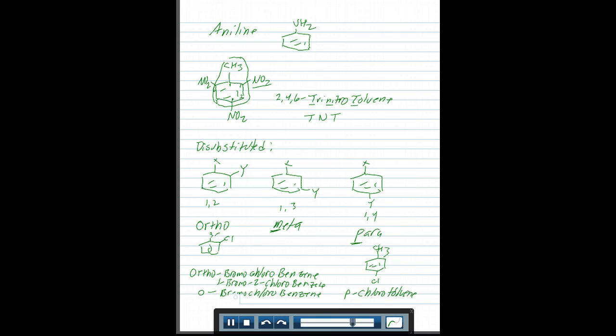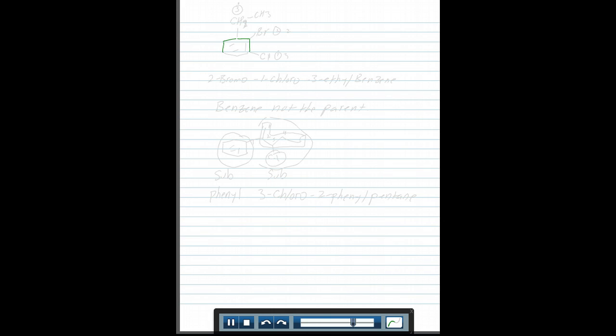What happens if you have more than one substitution, like 3 or 4? Same rules as with the cyclohexane. Your numbering system has to be the smallest numbering system. So let's put an ethyl here, CH2CH3. We have an ethyl, a bromo, and a chloro. You want the lowest numbering system.